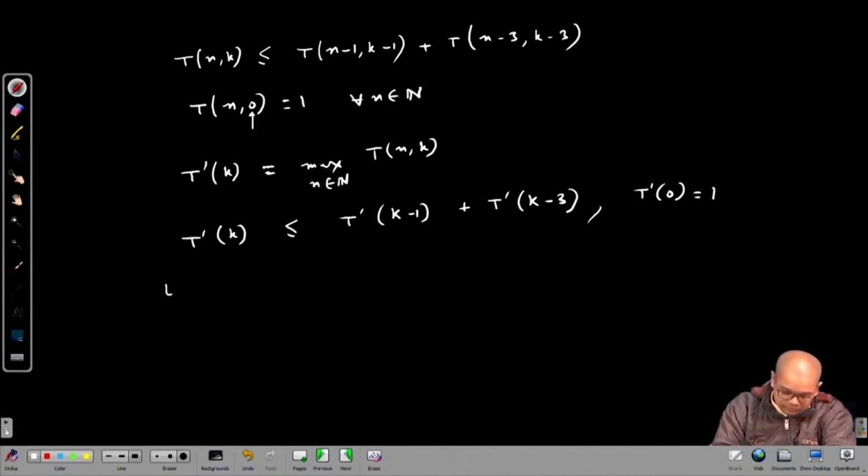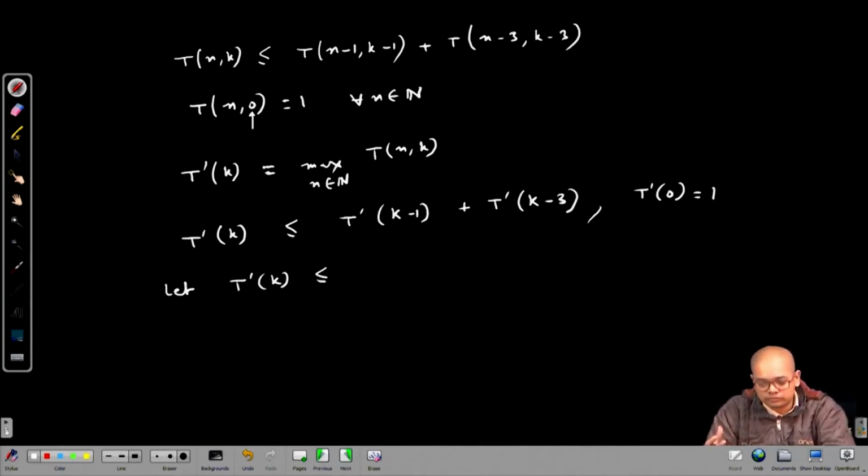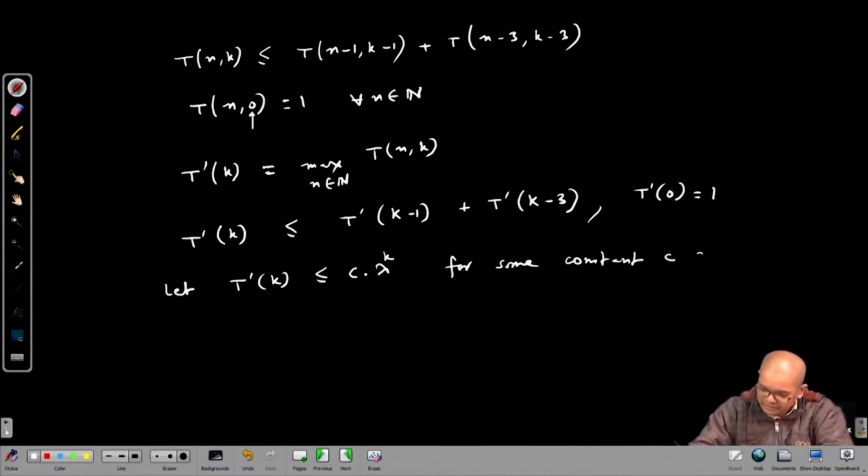So let T prime of k be less than or equal to c times lambda to the power k, for some constants c and lambda, which is the usual form of the solution for this sort of recursion.